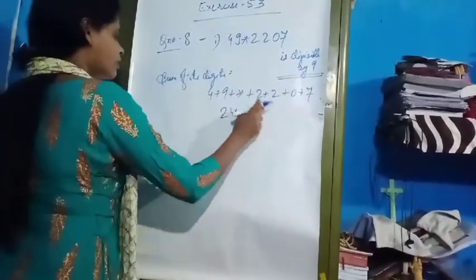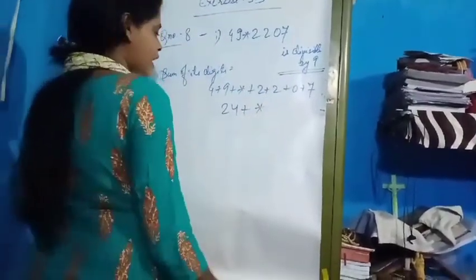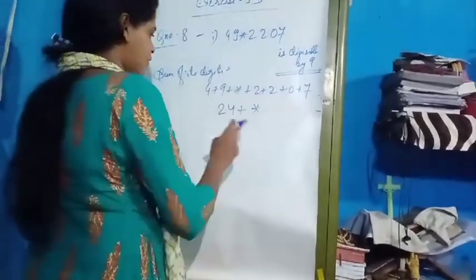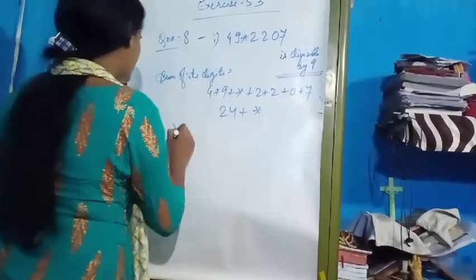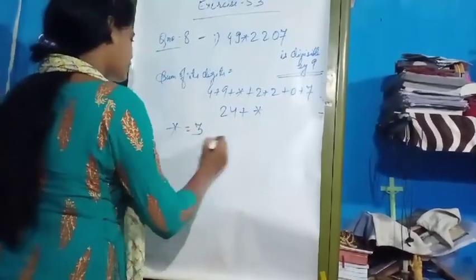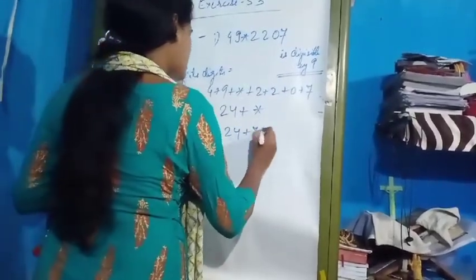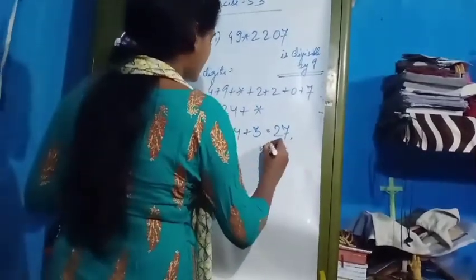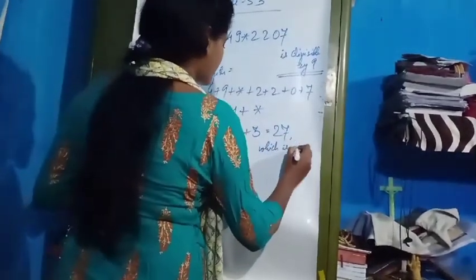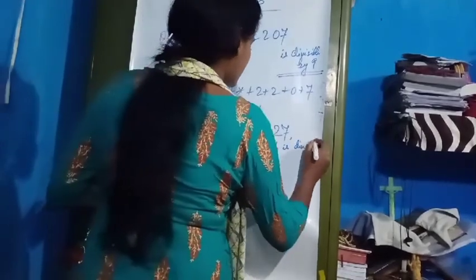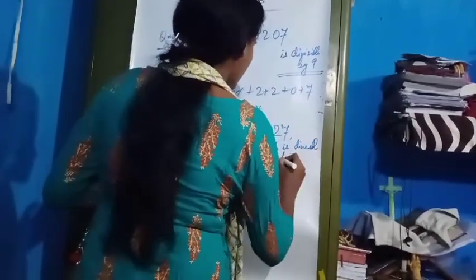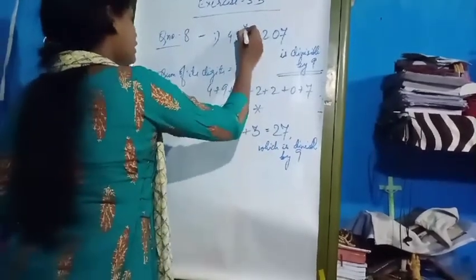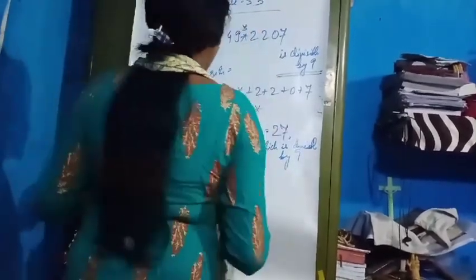Tell me what you will take as the value of star. You can see that 9 threes are 27. So 24, 25, 26, 27. If you take the value of star as 3, then the value becomes 27. And you know this is a multiple of 9, so it is divisible by 9. So if you take 3 here, this number is divisible by 9.